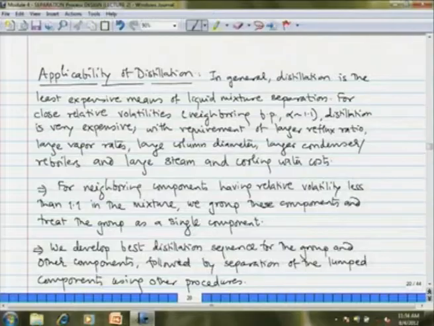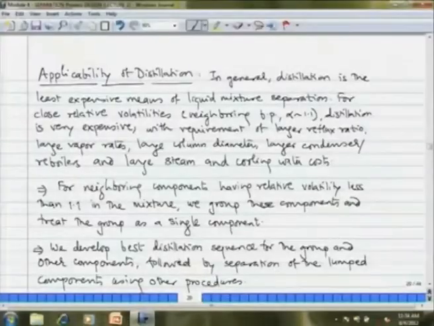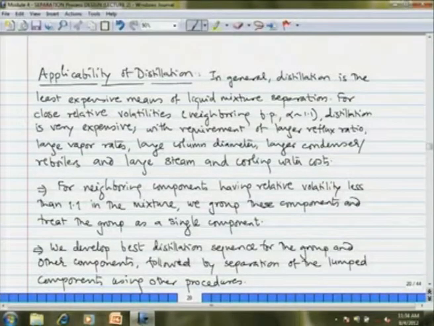For example, in liquid-liquid extraction, you need to recover the solvent, so you need a distillation column there. If you want to go for a membrane process, then the membrane itself is a highly expensive component. So, although distillation is energy intensive because you have to use a reboiler and condenser, if you compare it with these other options, distillation still stands a good chance. That is why distillation is a comparatively least expensive means of liquid mixture separation.